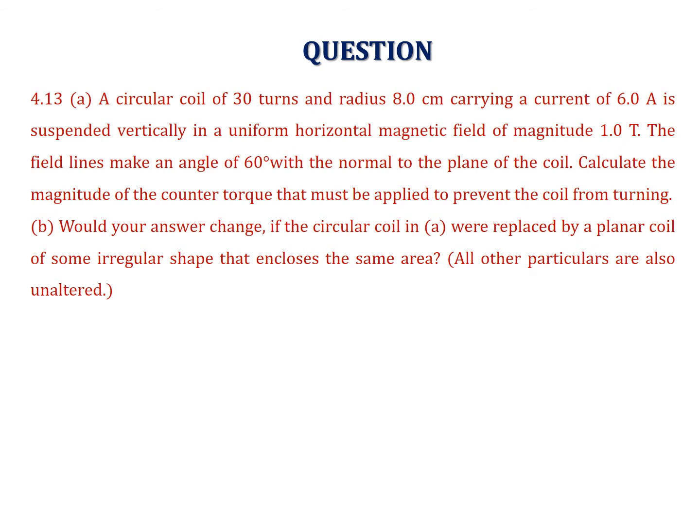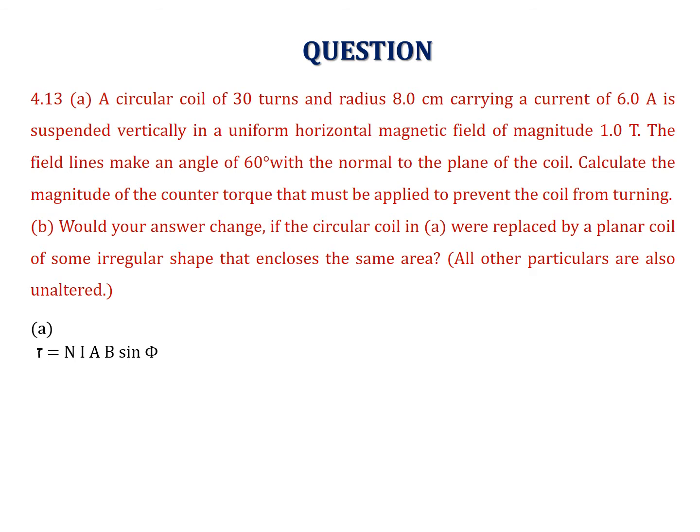So we need to apply a counter torque which will be equal to the torque produced so that we prevent the coil from turning. So torque will be NIAB sin phi. We are using sin phi because the magnetic field makes an angle of 60 degree with the normal to the plane of the coil. That is why we are using the formula NIAB sin phi.